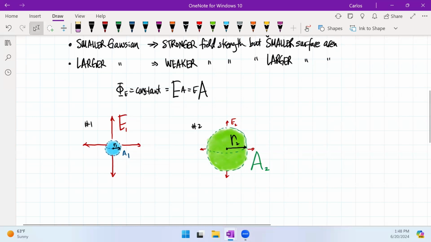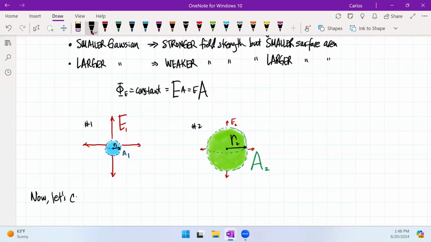So let's go calculate the flux value through both Gaussians.